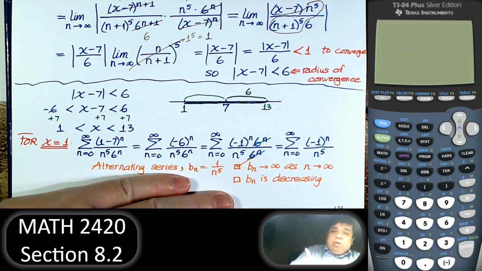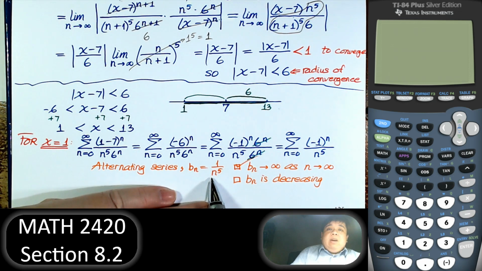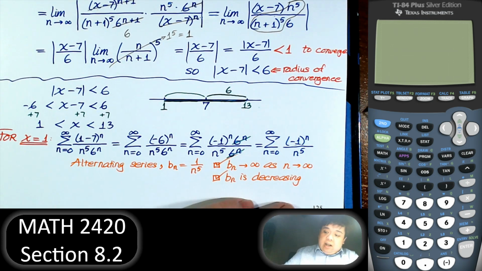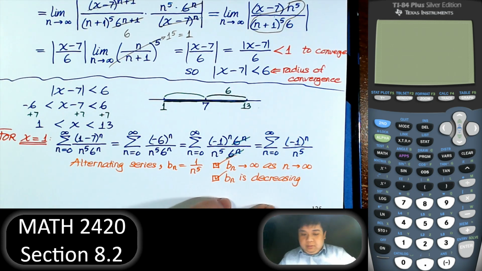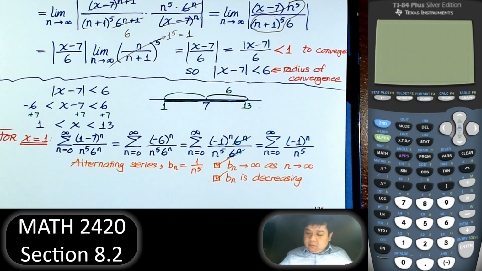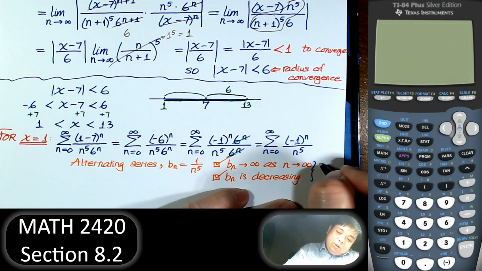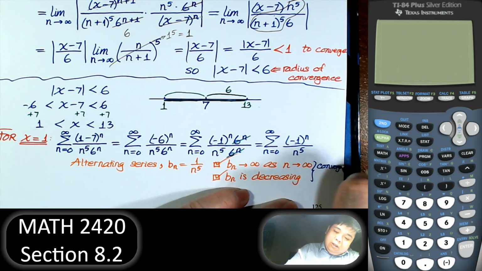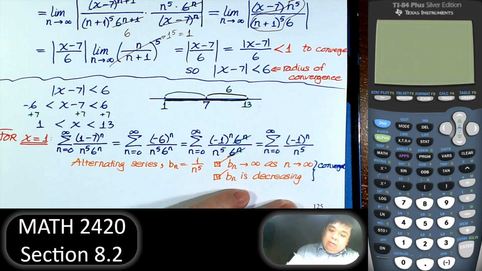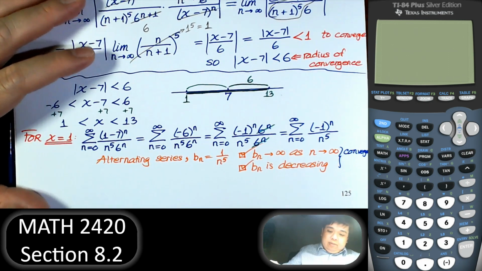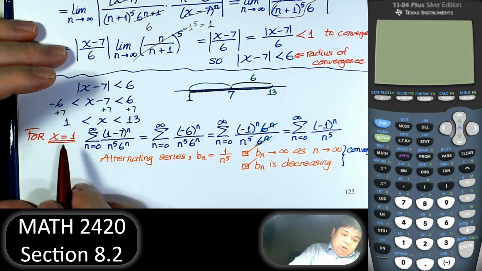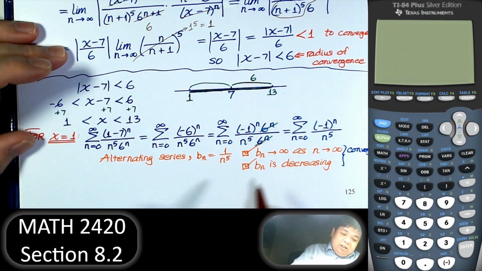This one is decreasing because the bigger the value of n, the smaller the value of b sub n. Both check, so this is convergent. So x equal to 1 is convergent.